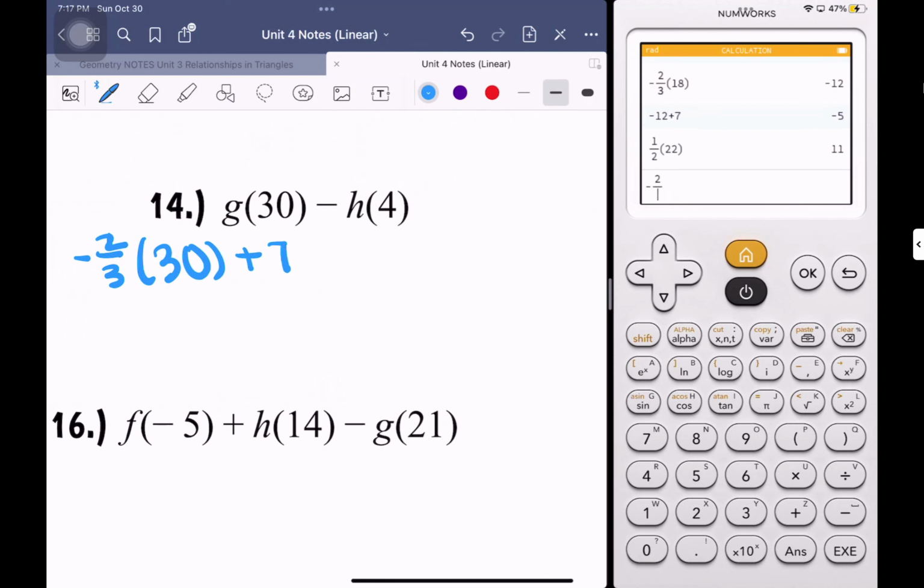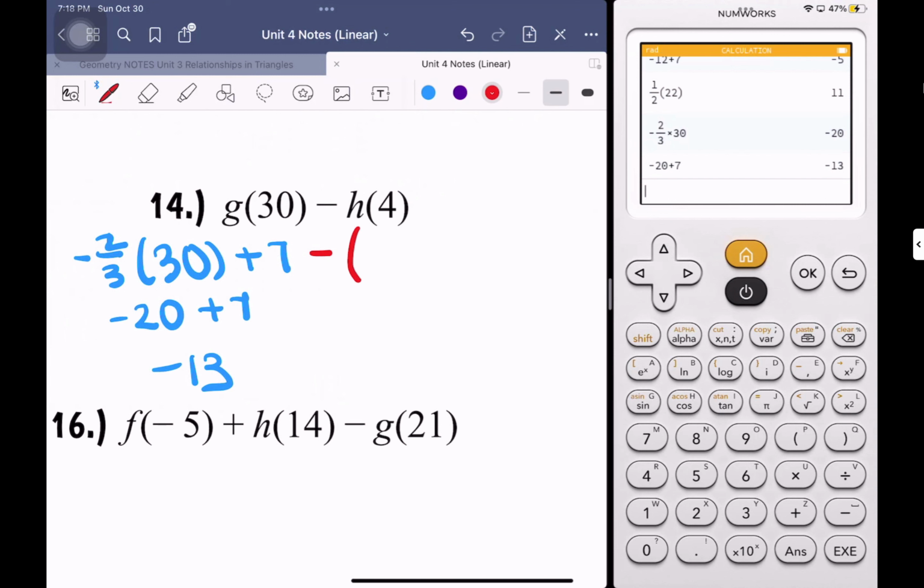So -2/3 times 30, we have -20 plus 7. We get -13. Now you're going to evaluate your h. So minus our h of 4.